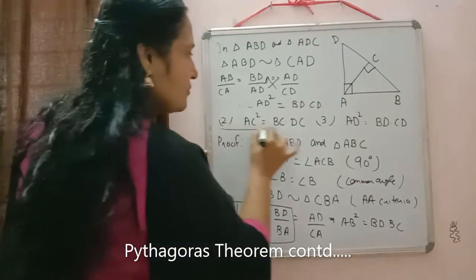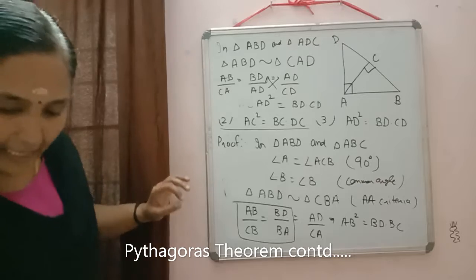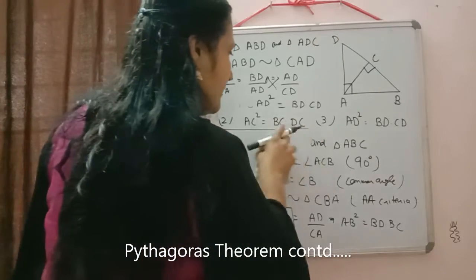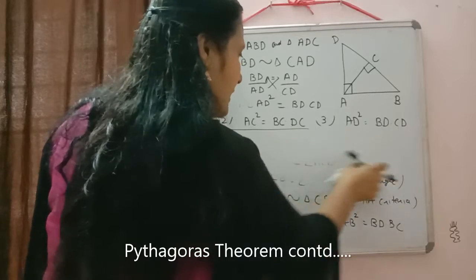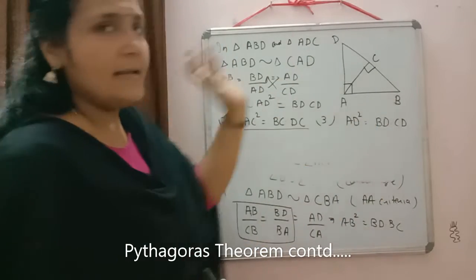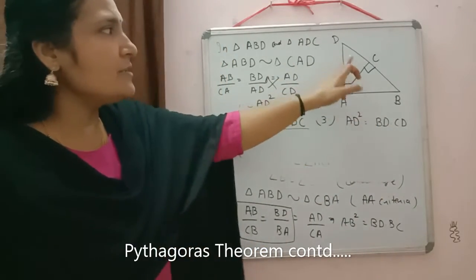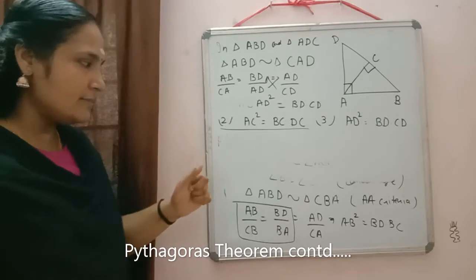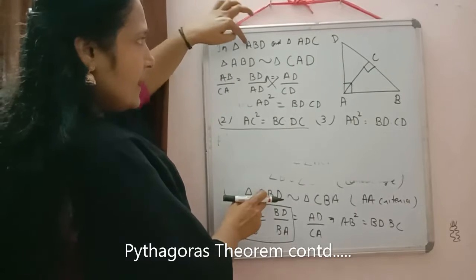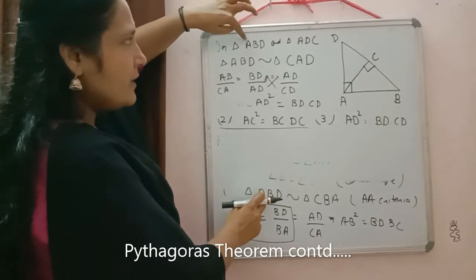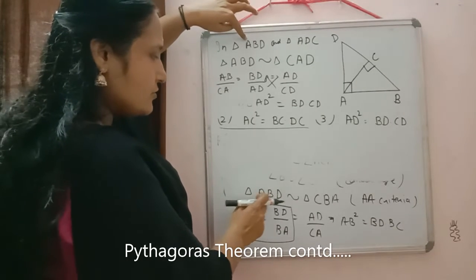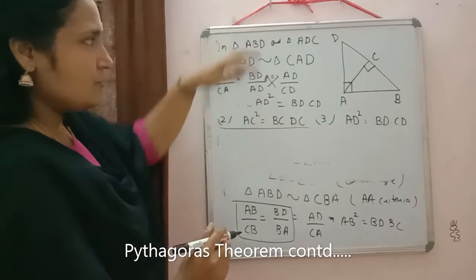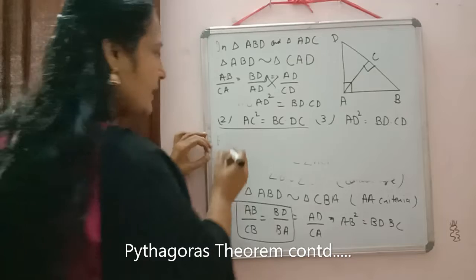Now we will check how to do the proof of the second one. While proving the Pythagoras theorem also, I explained both the triangles are similar to triangle ADB. That's why these two triangles also will be similar to each other. That's why I told you that naming should be correct. Here if you wrote ABD, then here also it should be written ABD only. From these two which we proved, what can we say?